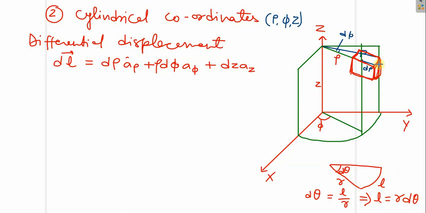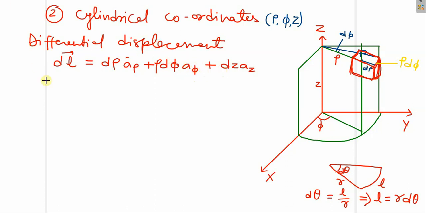This part is your rho, and this part is your d phi. So this part can be written as rho d phi. That's why here it is rho d phi and a phi.